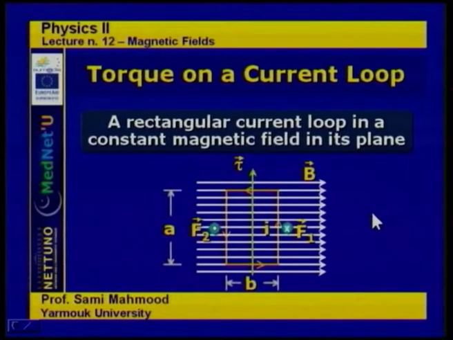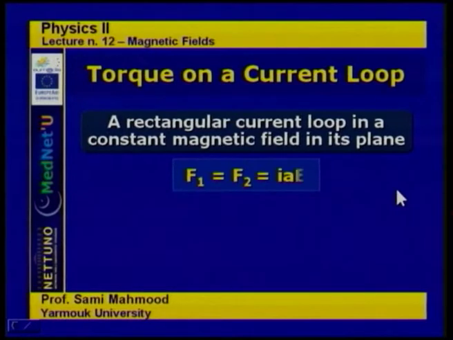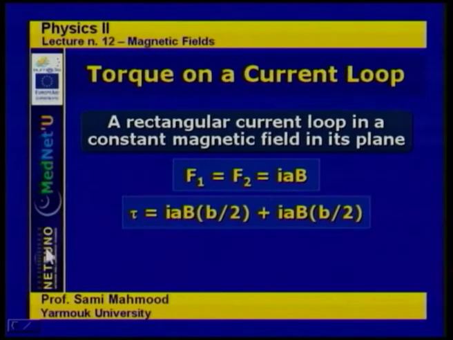For a rectangular loop of length A and width B, the forces on the sides of the loop, F1 equals F2, and equal I times the length A times the magnetic induction B. The torque is the rotational effect on the first side, I A B times b over 2, plus I A B times b over 2 from the other side of the loop.